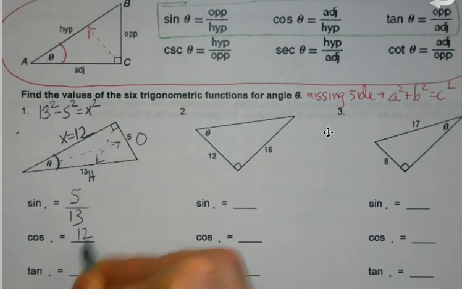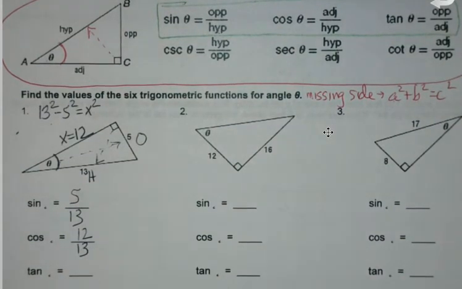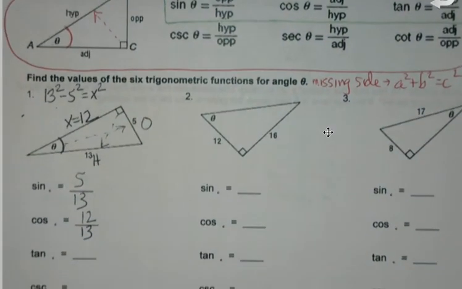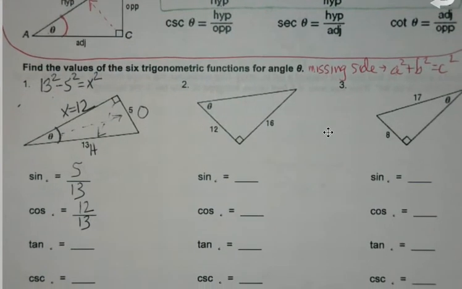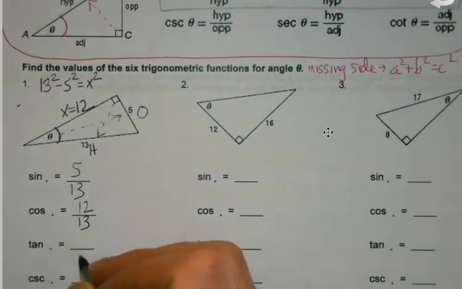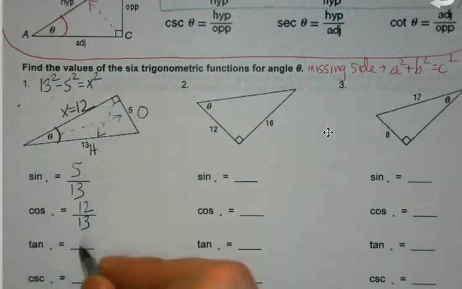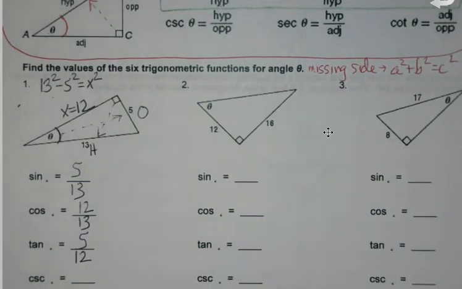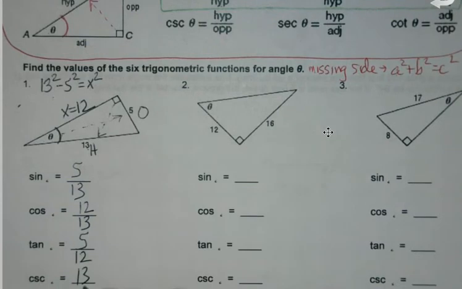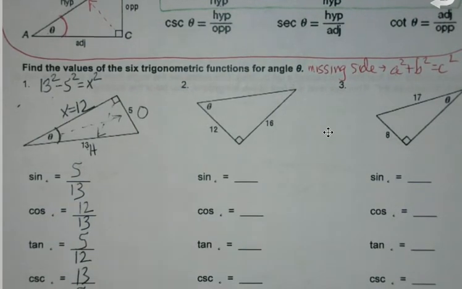Sine is opposite over hypotenuse. Cosine is adjacent over hypotenuse. Tangent is opposite over adjacent. It's just getting used to it. Cosecant is hypotenuse over opposite, because it's the inverse of my sine.